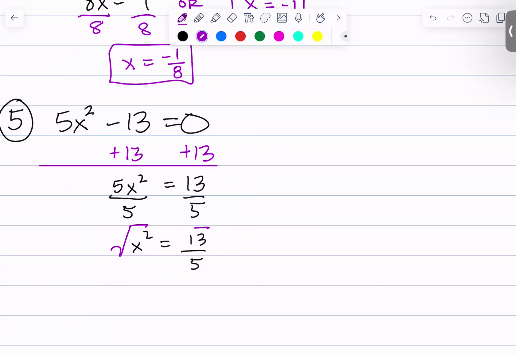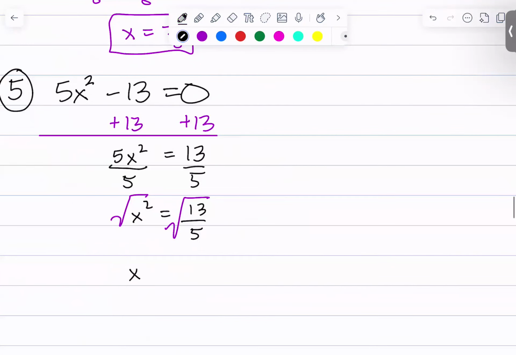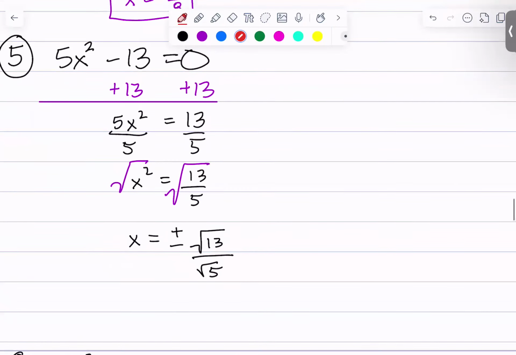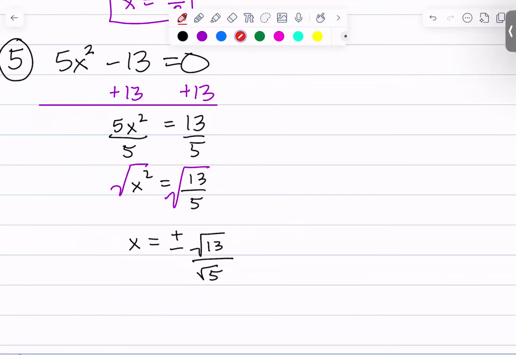Now I'm going to square root it. Whenever I square root something, it's always going to be plus or minus. So x equals plus or minus square root of 13 over square root of 5. But I cannot have a square root in my denominator. So I'm going to multiply this by square root of what? Of 5.